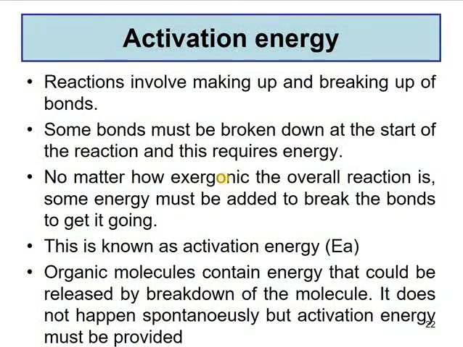Some bonds definitely have to be broken at the start of the reaction, and this requires energy. Even if bonds have to be put together, that also requires some energy. So no matter how exergonic the overall reaction is, some form of energy has to be added to break the bonds or to get the reaction going. This is known as activation energy.